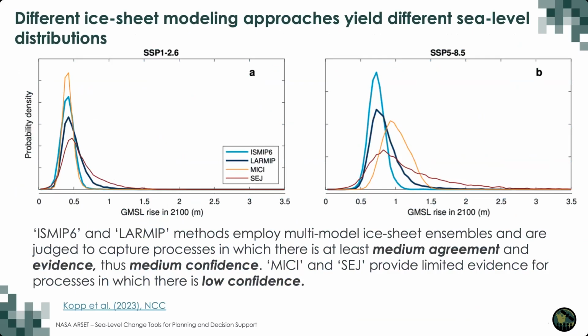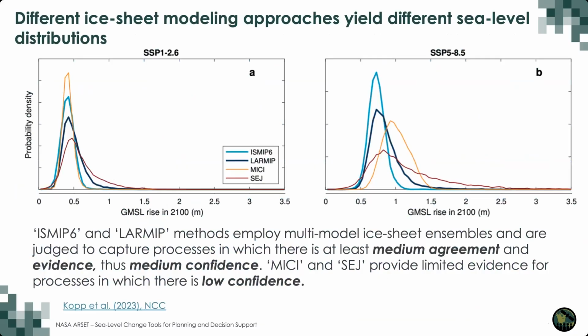So 2 of these, the blue curves labeled as ISMIP6 and LARMIP, are projections driven by a suite of ice sheet models and are judged to capture processes in which there's at least medium agreement and evidence, and thus medium confidence.